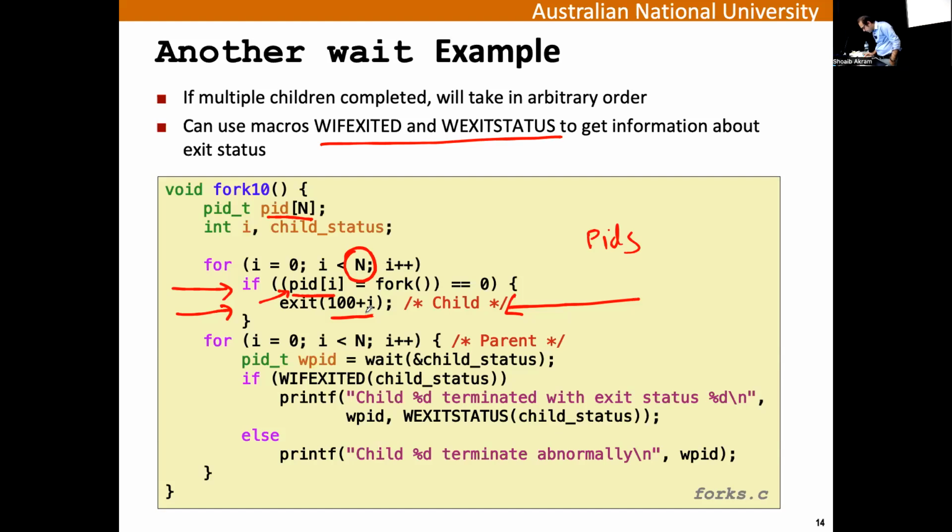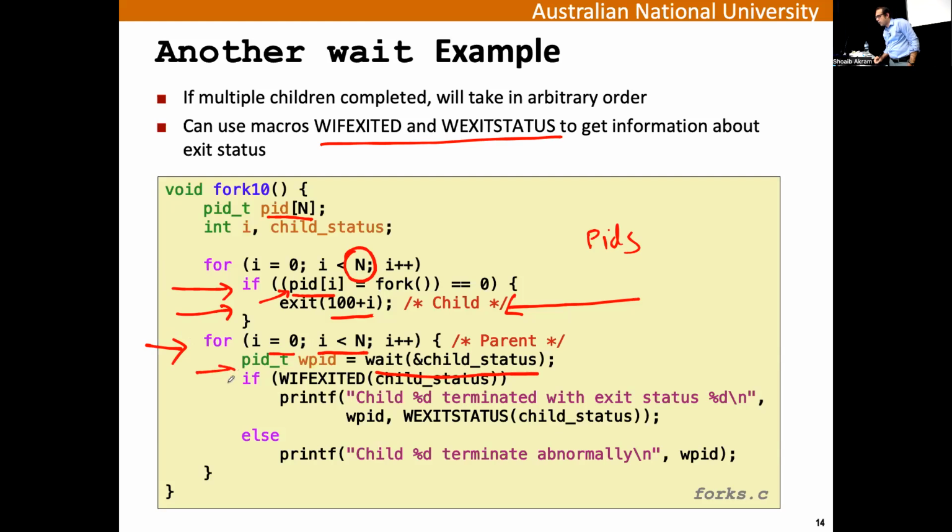So then what is the parent doing? The parent is reaping all the children one by one. So i equals 0, i is less than n.